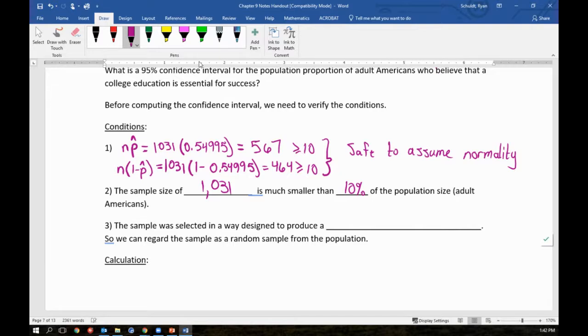And then they tell us that the sample was selected in a way that produces a representative sample. They tell us that in the problem.